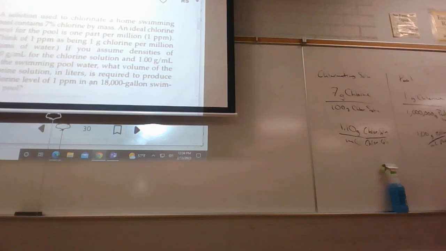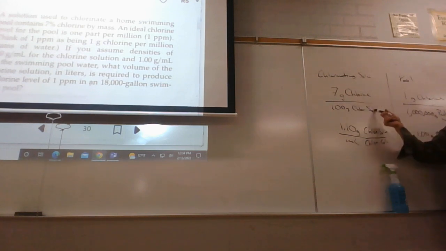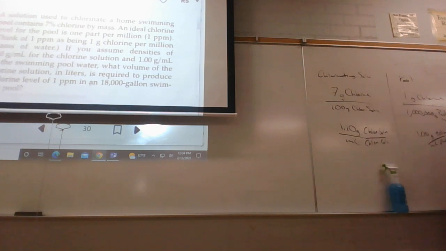Well, the way we solve most problems in chemistry is by dimensional analysis. We're going to start off with a given. And so what do we know that's fixed, that we can't change? Well, these are what we call extensive or intensive properties. Do you know the difference between an extensive property and an intensive property?